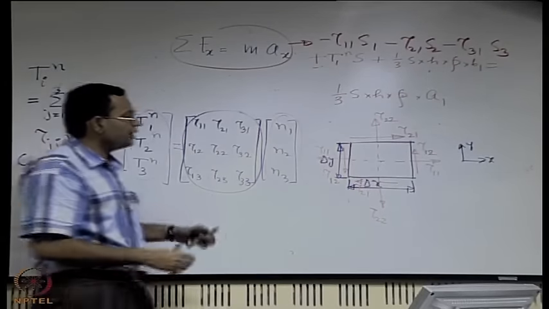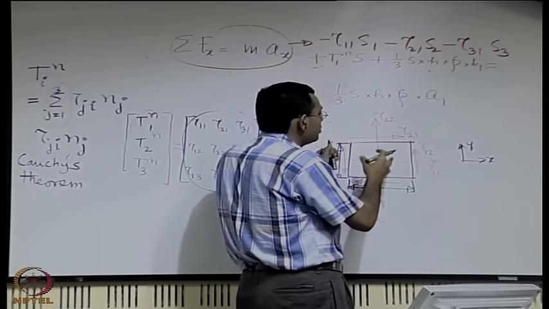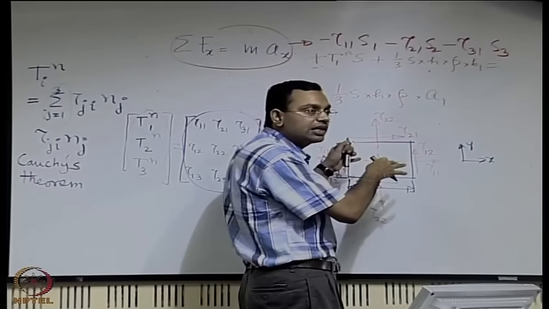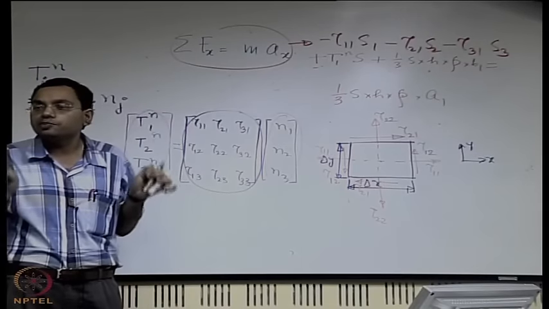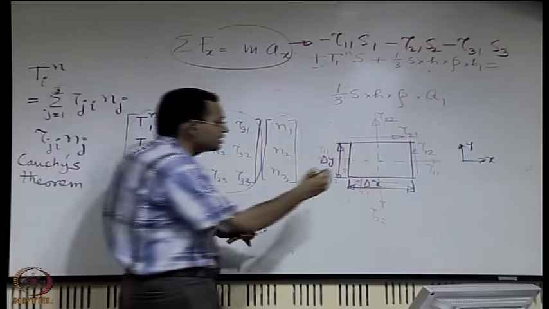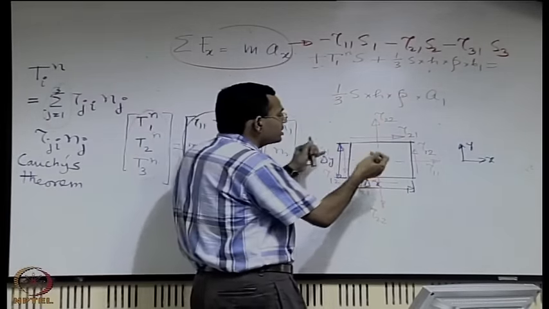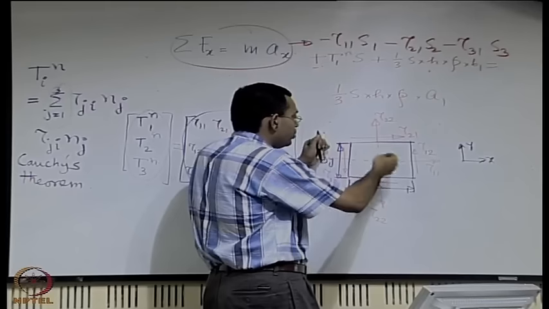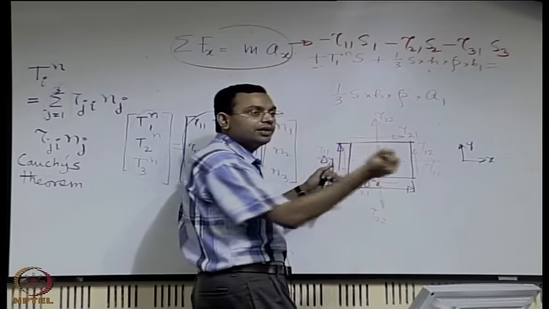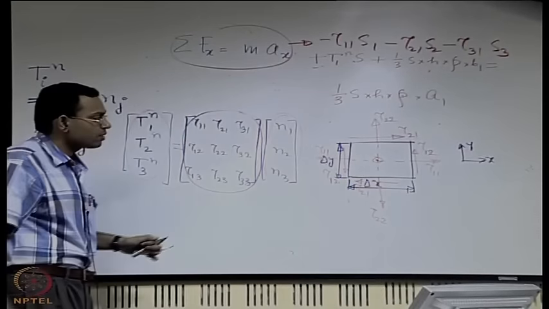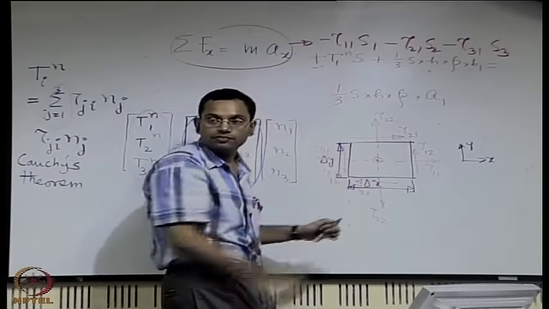Let us write an equivalent form of Newton's second law for rotation, as if we are writing the rotation of a rigid body with respect to a fixed axis, where the axis passes through this center O and is perpendicular to the plane of the board. That is why it is a 2-dimensional thing; we are considering a rotation in this plane.